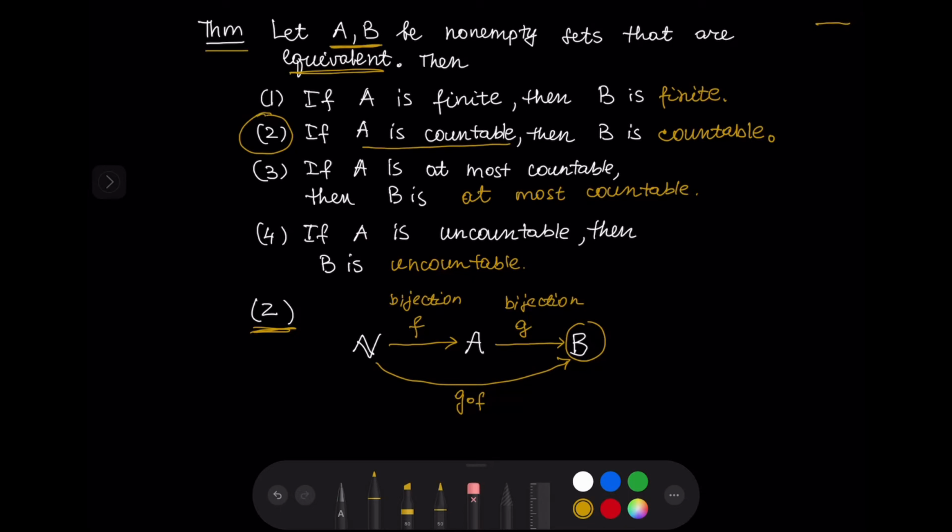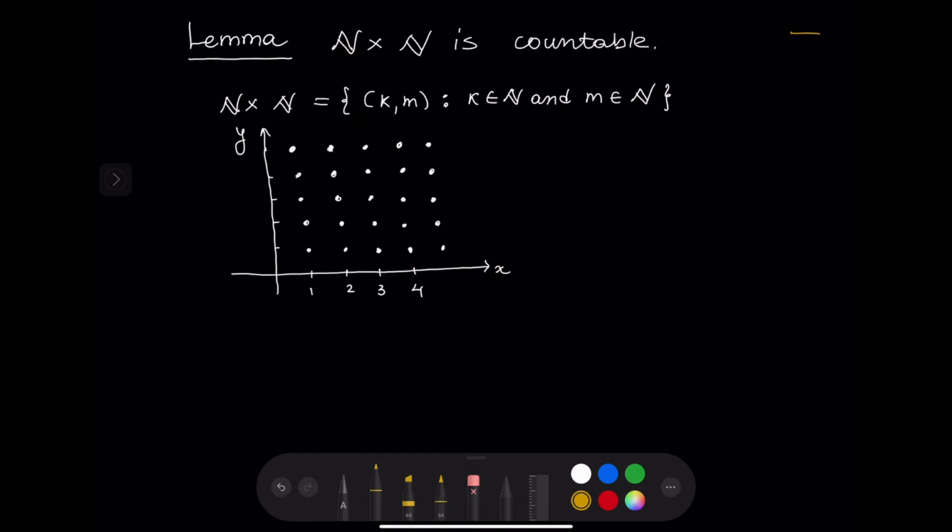So this is how we show statement 2: if the sets A and B are equivalent, and if the set A is countable, then the set B is countable.